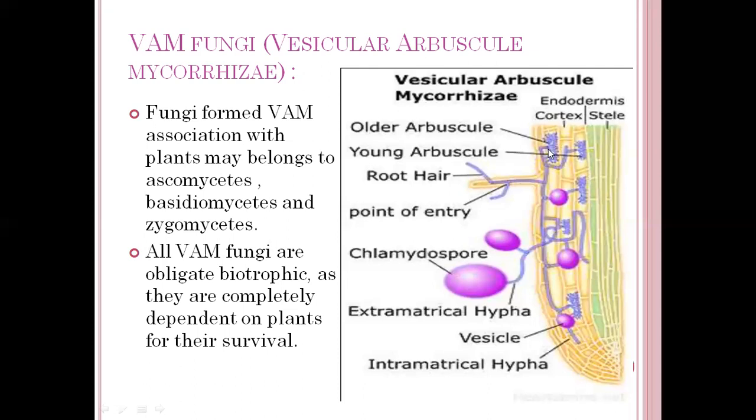Basically, they penetrate the cell wall and the cell membrane, and they form the vesicles, which are specifically for lipid storage, and also the arbuscules inside the root cortical cells.